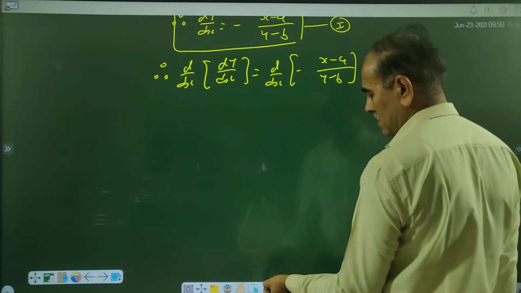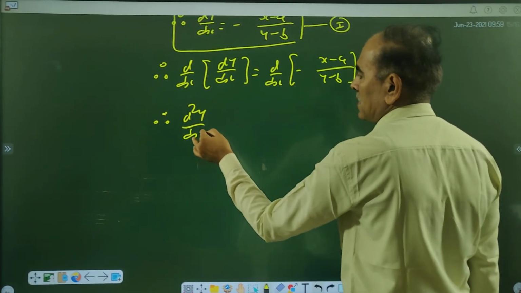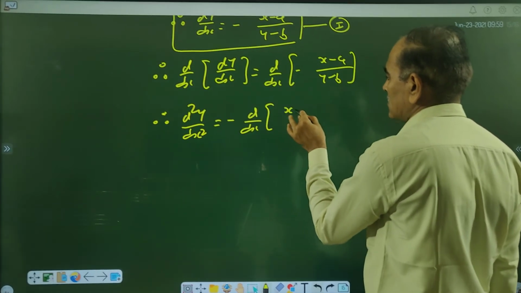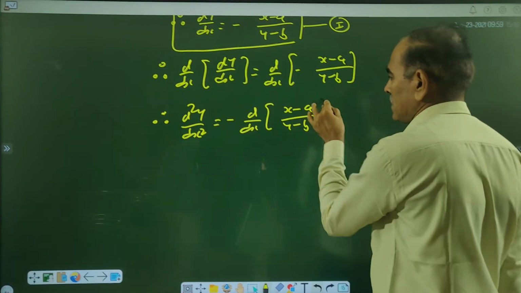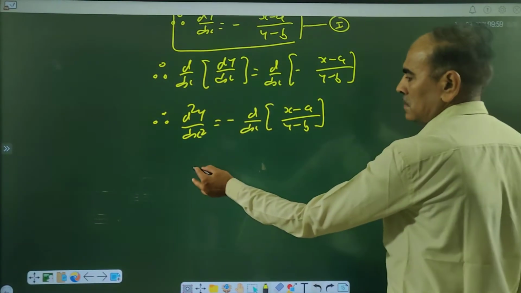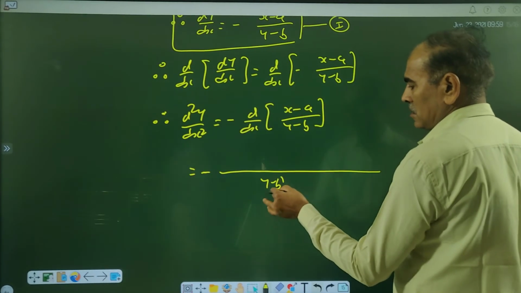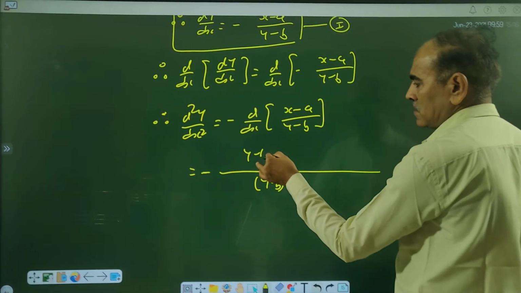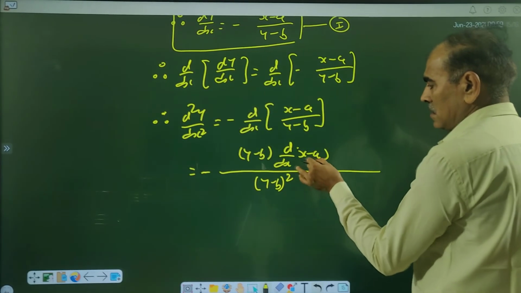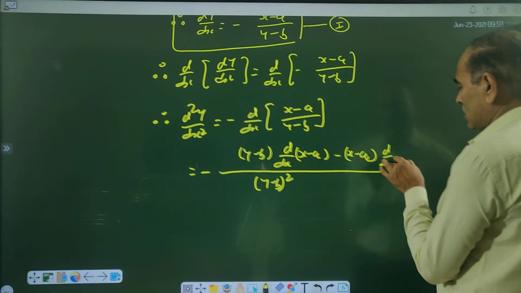So what we get here? Therefore d2y by dx square is equal to minus sign outside, d by dx of (x minus a) over (y minus b). So minus sign as it is, denominator quantity whole square, denominator quantity as it is, derivative of numerator, minus numerator as it is, derivative of denominator quantity.